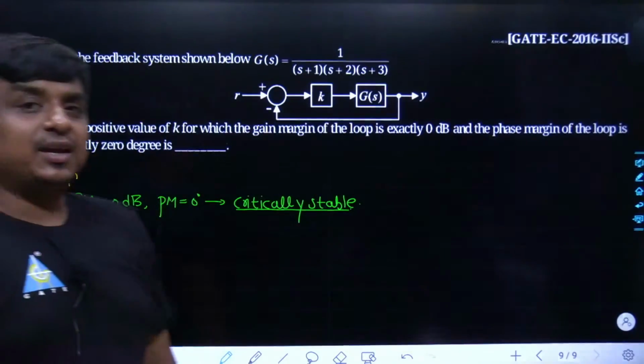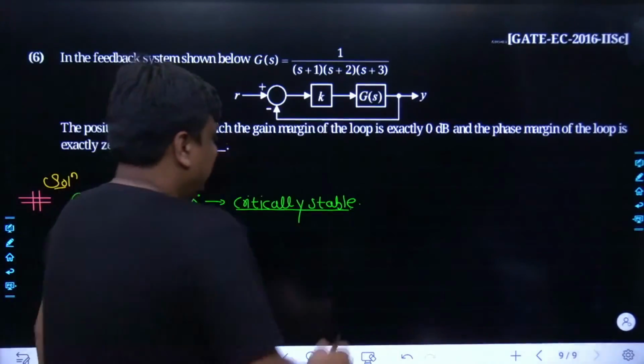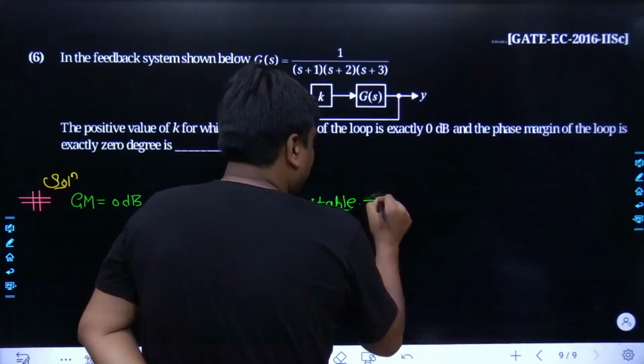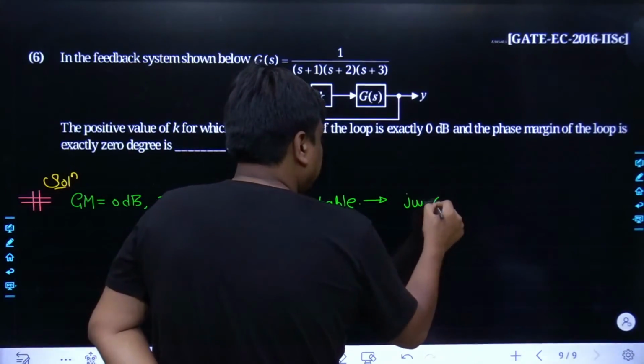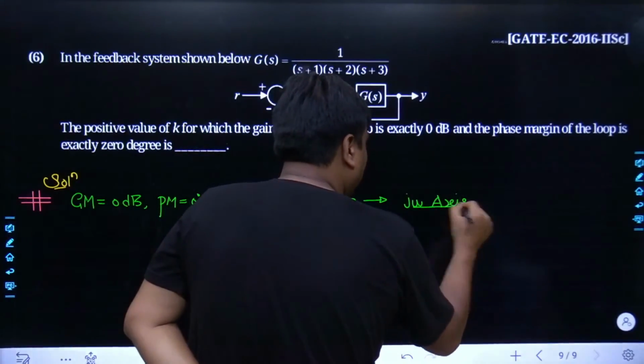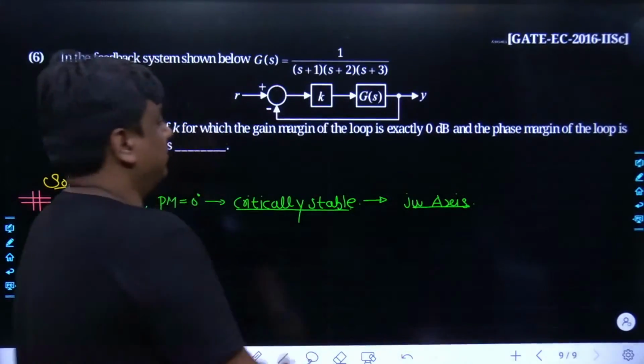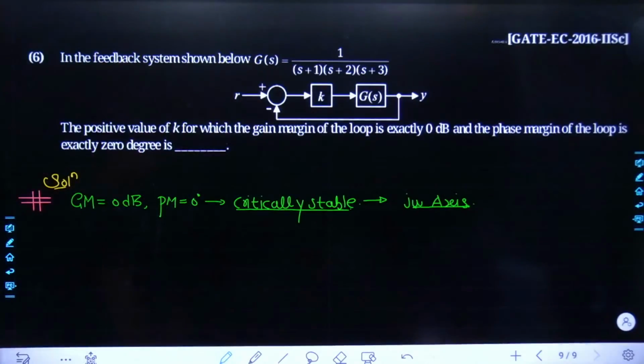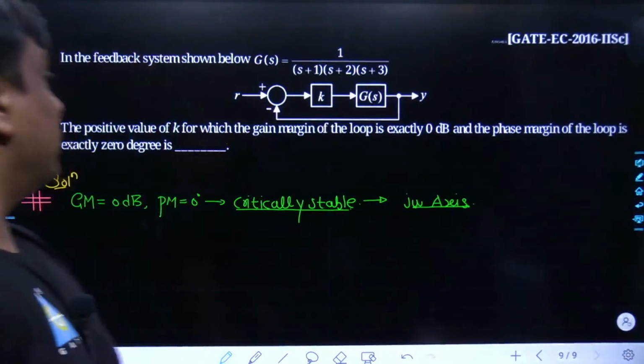What does it mean by a critically stable system? That means the closed loop poles are placed on the j omega axis. Although it is a stable system, with a little bit more gain, the system would become unstable. Could you really understand what I am saying?